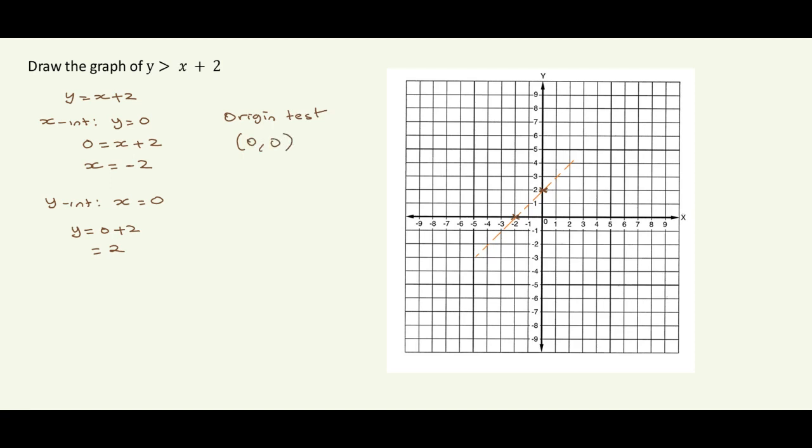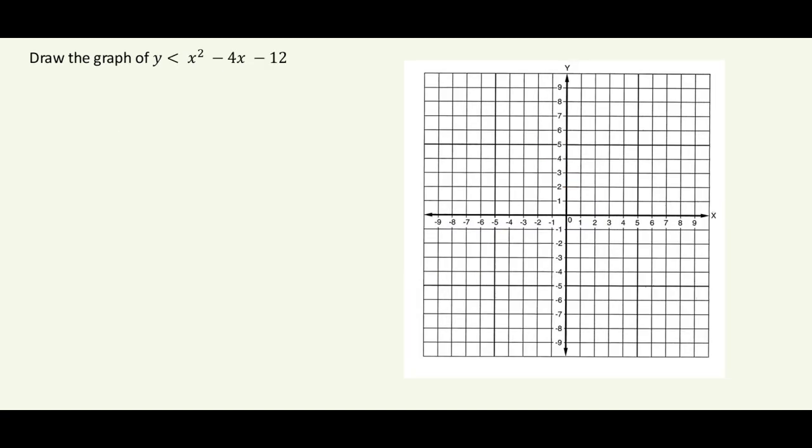So we're saying y is 0, so 0 greater than 0 plus 2. 0 greater than 2 is false, so that means any part of the graph that has the origin is not considered a valid point. So we can see here that this right here represents the region that satisfies our inequality. So this is how you solve for a linear inequality.